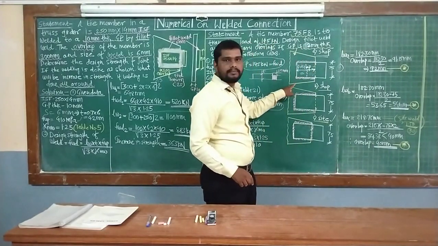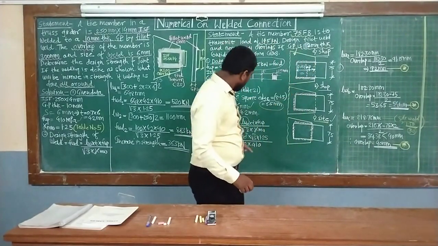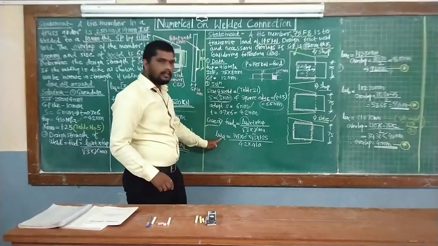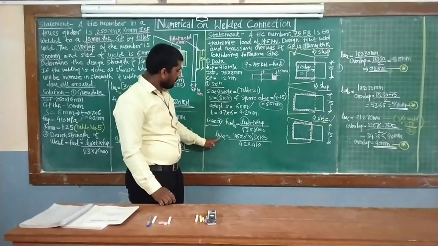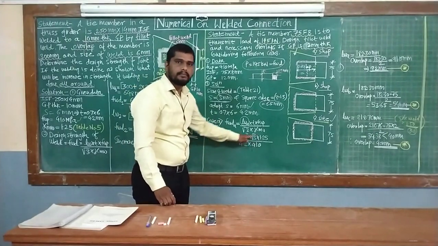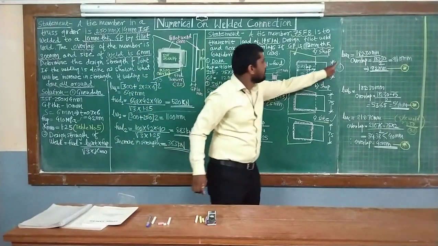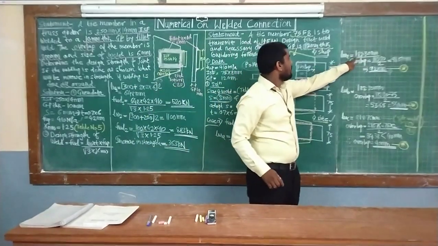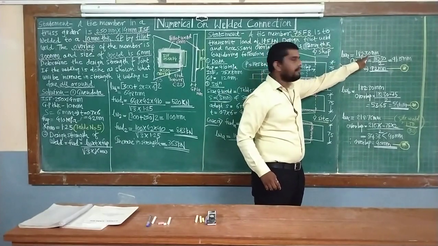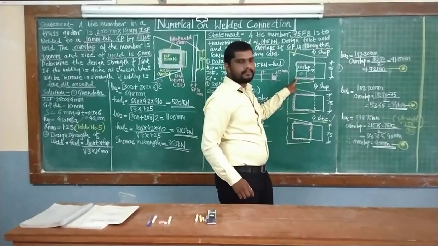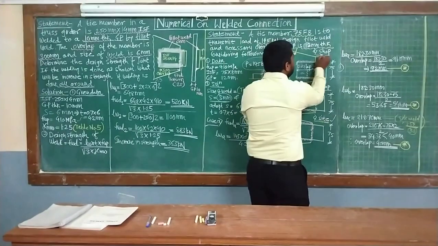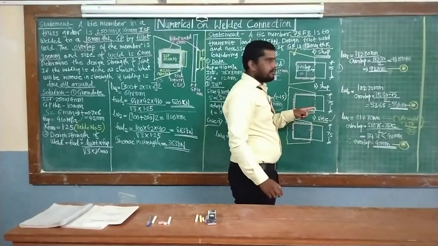So dealing with this first case, with the help of this equation for LWA, we got the answer LWA 182.30 mm. This case is applicable to connections made in the shop.